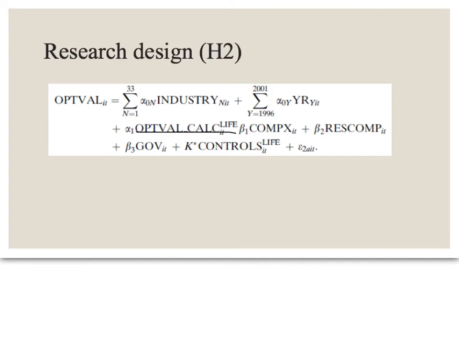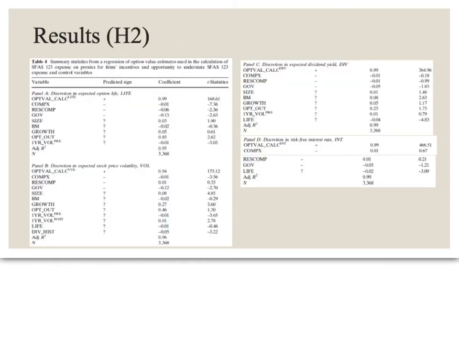So the difference between option value and option value calculated volatility reflects the manager's discretion on particular input assumption, in this case stock price volatility. So with our model, we isolate each input assumption, and here is the result.